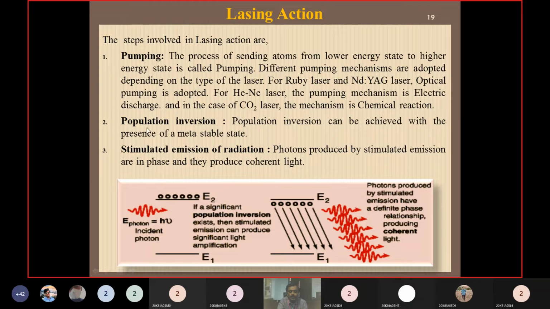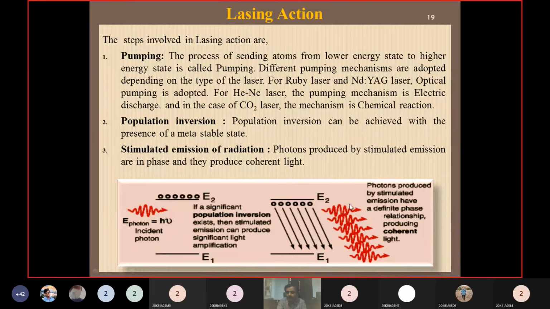Next is stimulated emission of radiation, which is also important for getting the lasing action. Photons produced by stimulated emission are in phase, and they produce coherent light. So all those photons are in phase and coherent.